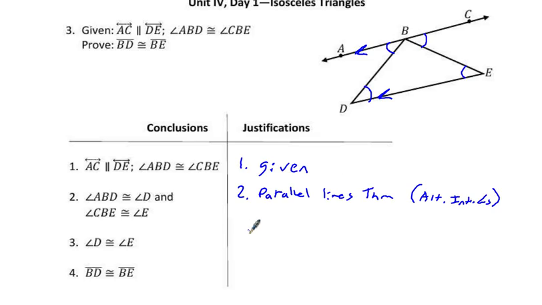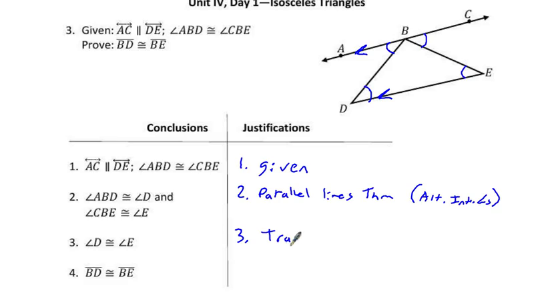Next, they tell us that D and E are congruent, and whether they wrote it there or not, we could see that was the next logical thing to say, because that's what we were leading towards. If we're trying to say that this is an isosceles triangle with side BD and side BE congruent, which is what they're asking us to prove, we need to know that angle D and E are congruent.